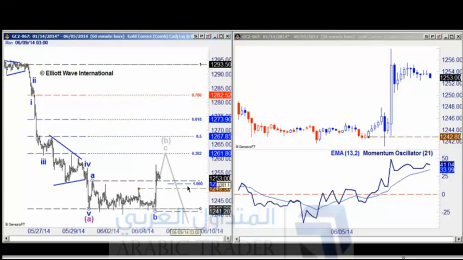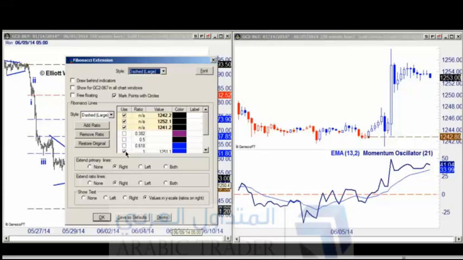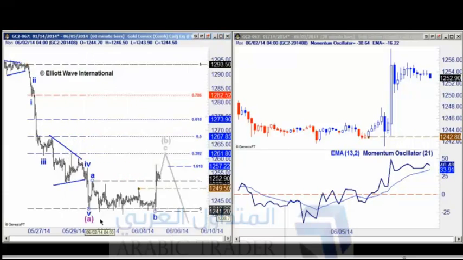And so I might change from just equality to a Fibonacci 1.618 level, which is at 1257, and we actually hit that level. And so you might have used a Fibonacci extension from this low, and you might have decided, well, if it hits 1257.22, I'm coming out, because that's a good 1.618 relationship of C to A using this wave count. And I try to use that as much as possible.